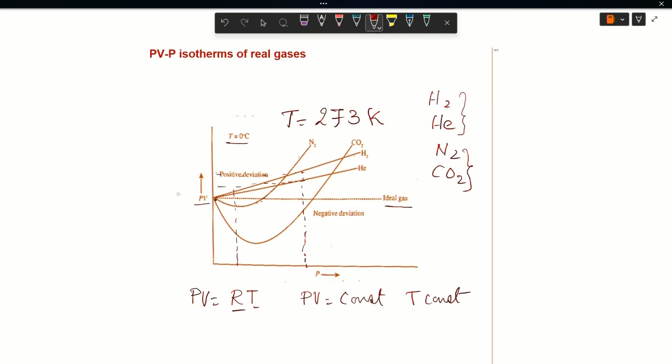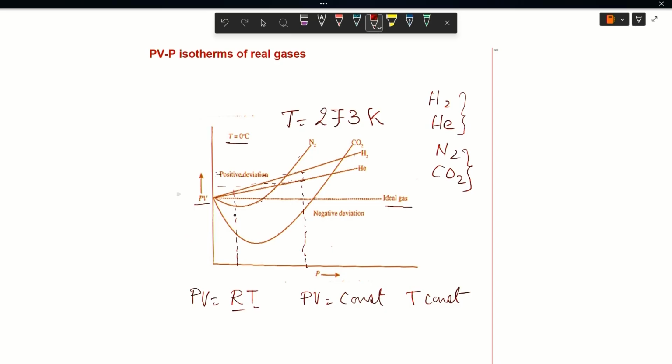In the case of carbon dioxide, you can again see the dip is deeper than in the case of nitrogen; it keeps on decreasing as pressure increases and then it increases, crosses the ideal gas plot and keeps on increasing.